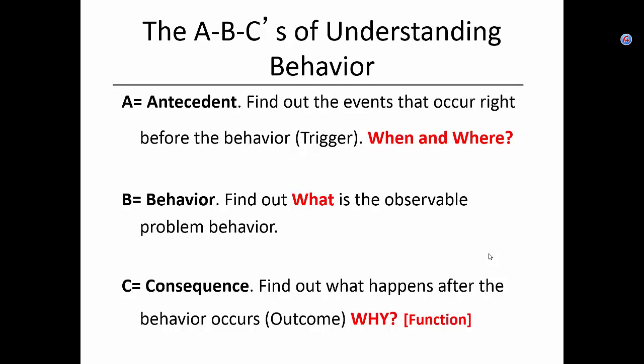And as we're trying to understand the behavior, we're really kind of an investigator in this situation, trying to understand why is this important to the student, how come this behavior is meaningful, what are they getting from that behavior. And so this is the ABCs of behavior, antecedent, behavior, consequence, and that's going to guide us in understanding students' challenging behavior.